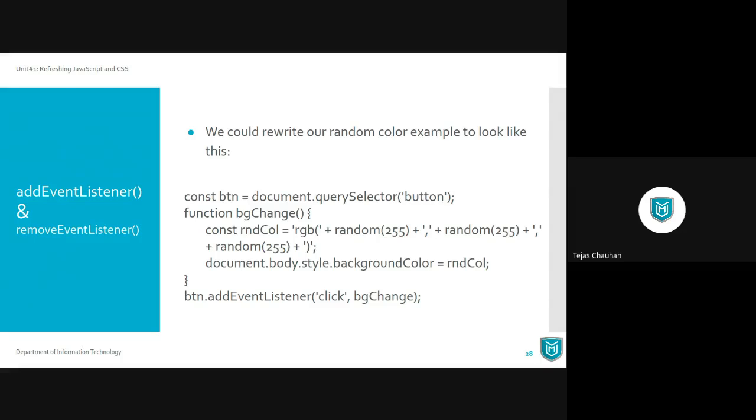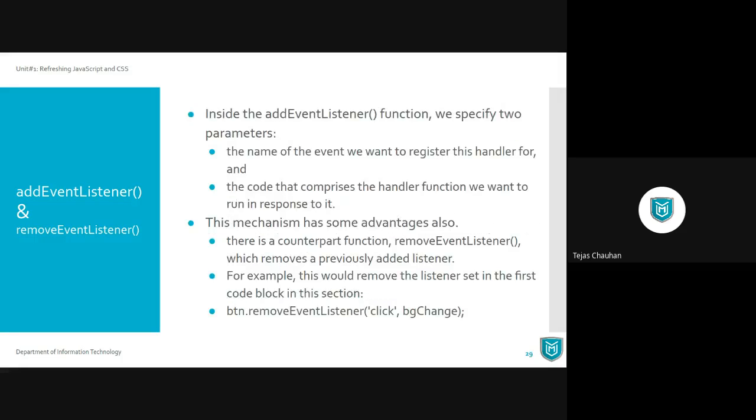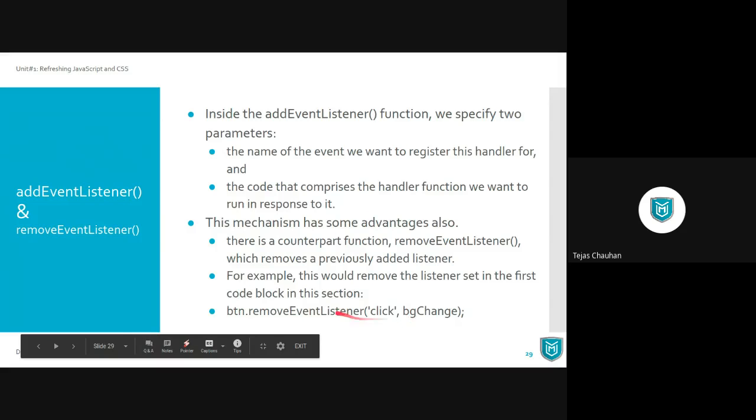If you go for inline, then there is no way you can remove that event. Even when you apply some property, there is no way that you can reset that property. But if you go for add event listener method, you have remove event listener method also. So if you add one event listener, then later on, whenever you want, you can also remove it.